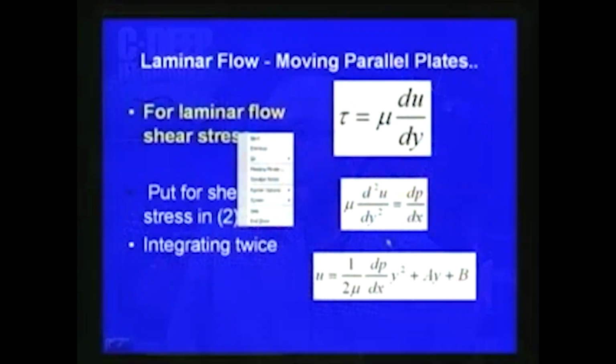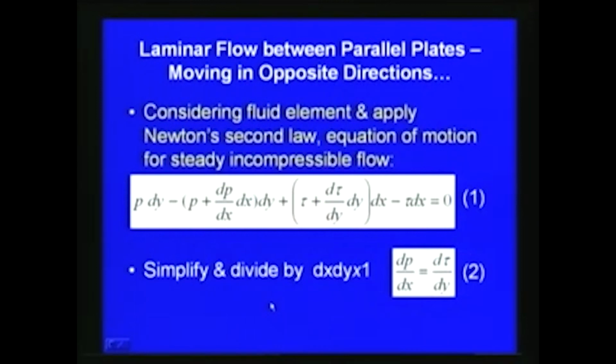So, if we put it back into the earlier equation, dp by dx is equal to d tau by dy, we get mu into d square u by dy square equal to dp by dx.